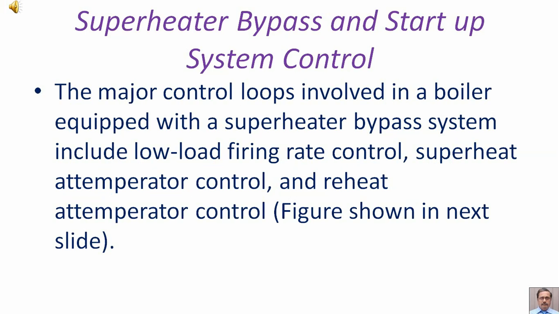The major control loops involved in a boiler equipped with a superheater bypass system include low load firing rate control, superheat temperature control, and reheat temperature control. Figure shown in next slide.